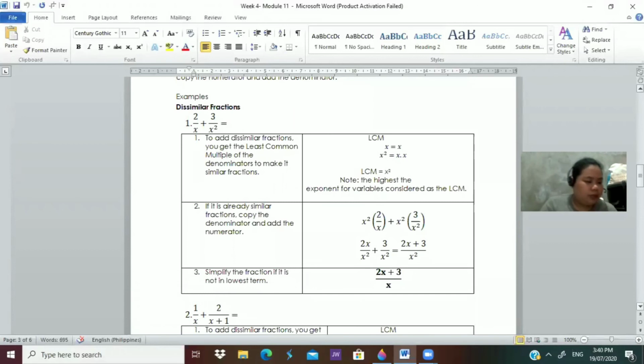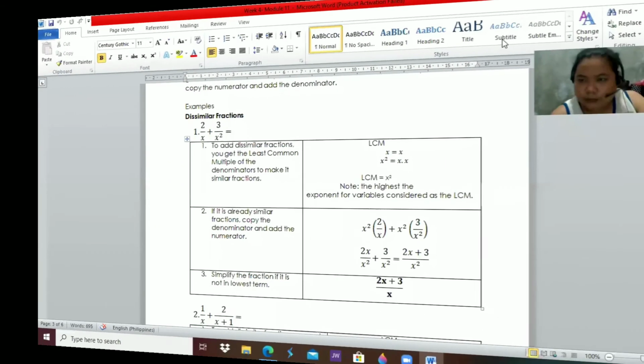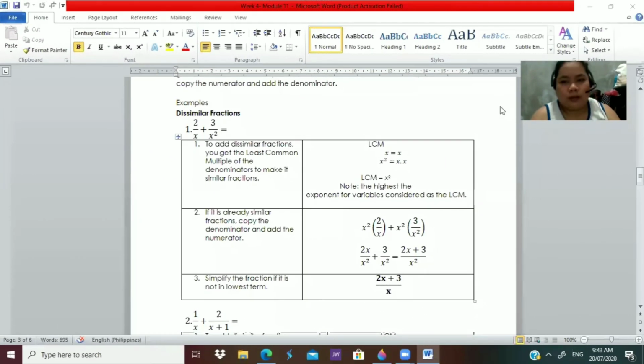So let's have an example. Okay, so now we are having dissimilar rational algebraic expressions, like dissimilar fractions. Pag sinabi natin dissimilar rational expressions, these are the expressions na different ang denominators.